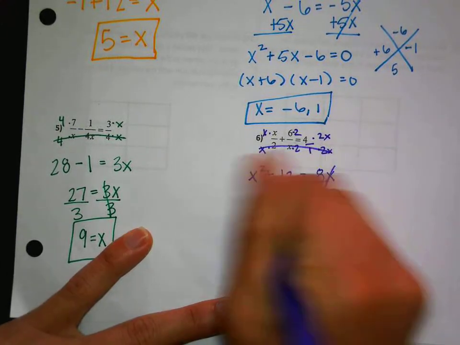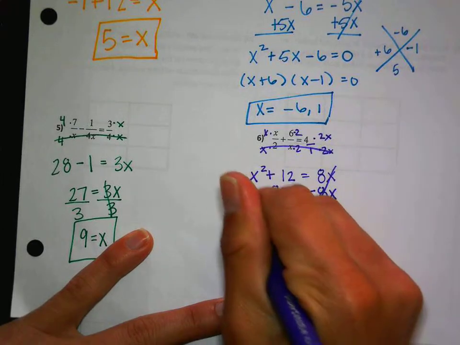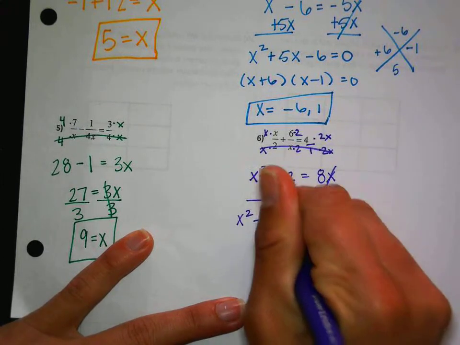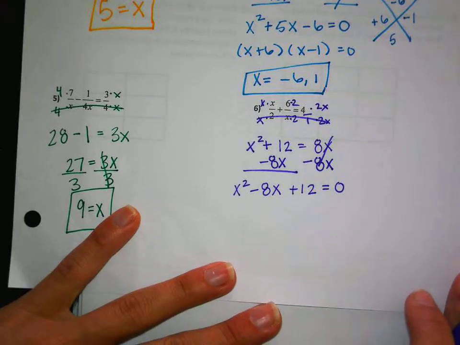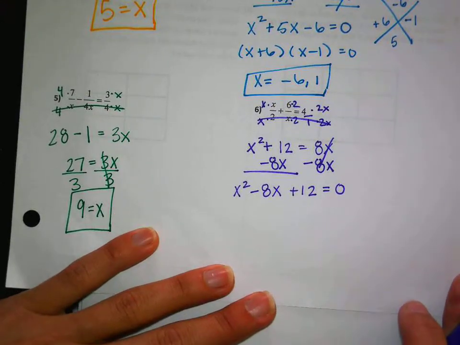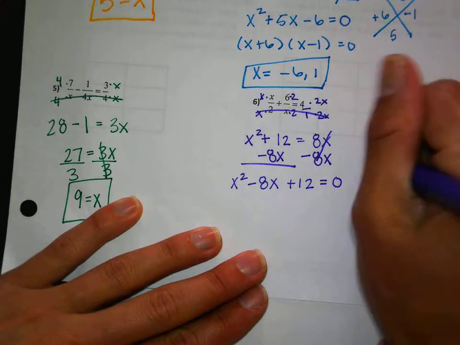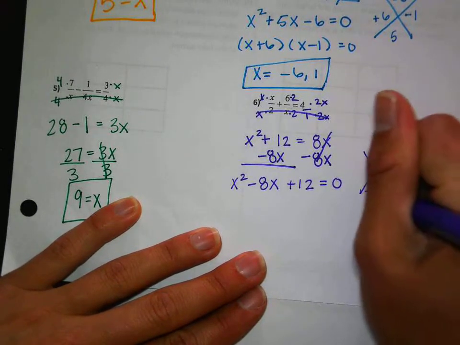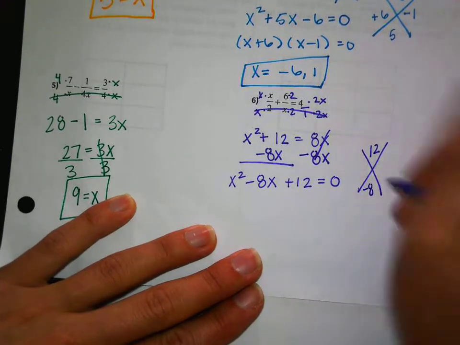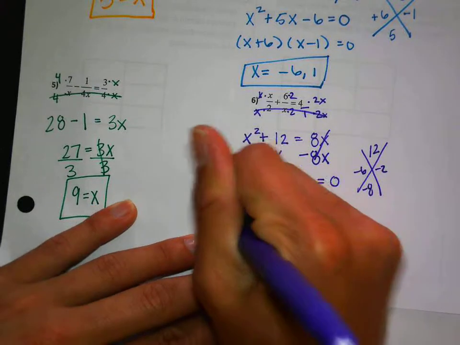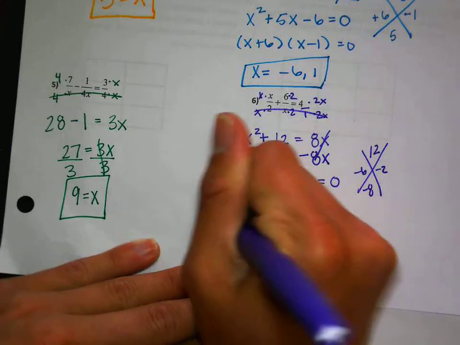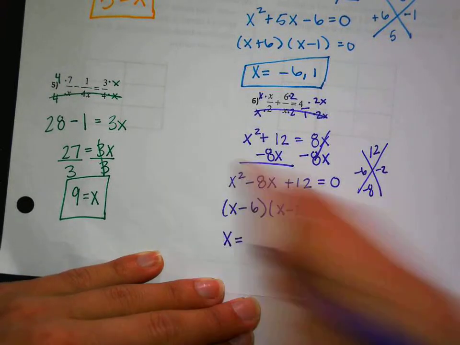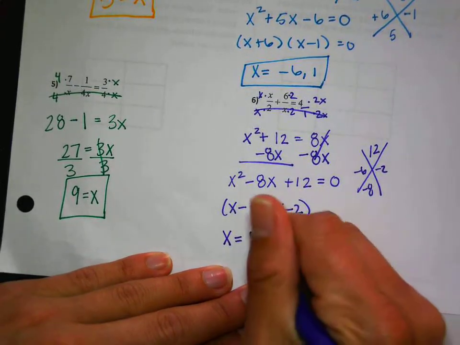It's usually best to keep your x squared positive. What are two numbers that multiply to give me 12 and add to give me negative 8? Negative 6, negative 2. And for my solutions, 6 and 2.